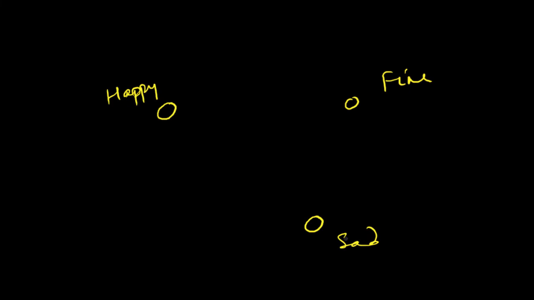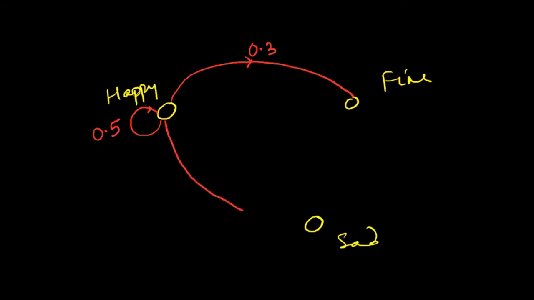So these are 3 emotional states that a person could be in. And now you want to model the transition between these states using some probability values. So let's say with probability 0.5, if you are happy to begin with, you will remain happy. But with a probability of 0.3, you may change from being happy to being just fine. Or with a probability of 0.2, you may even transition from being happy to being sad.